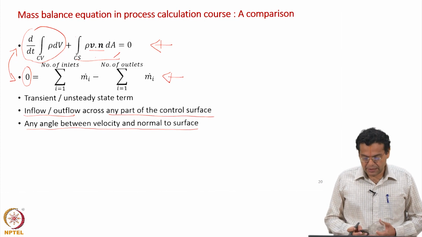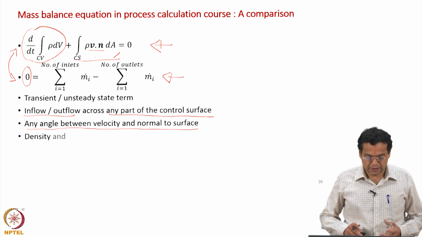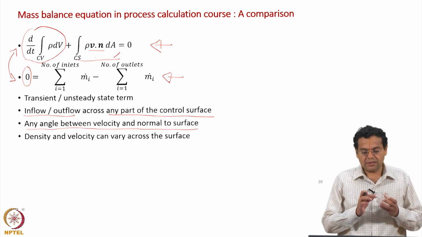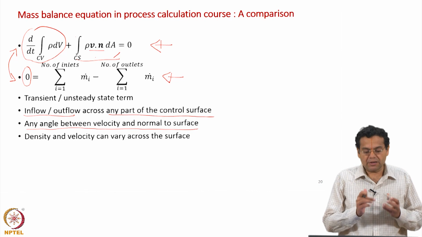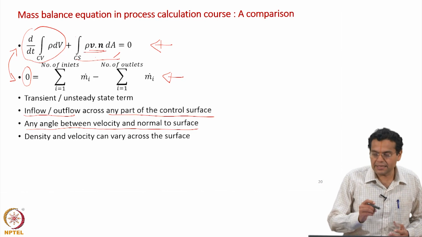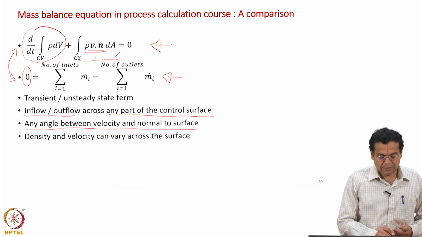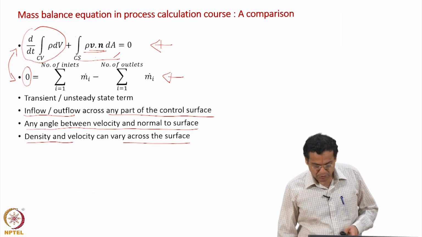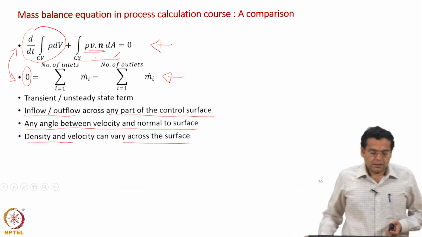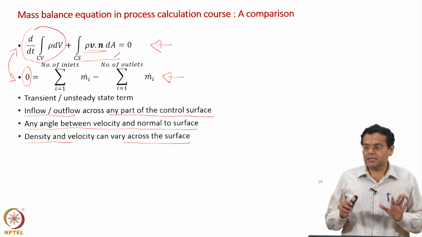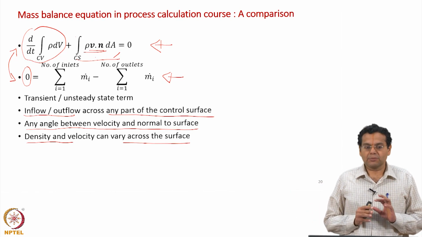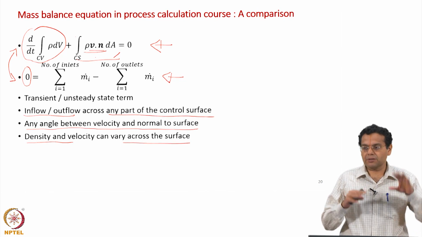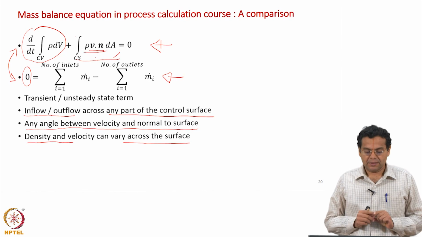And thirdly, we also account for density and velocity variation across the surface. Density and velocity are inside the integral sign because they can vary across the surface. So, to conclude this comparison, the equation you used is nothing but the integral mass balance equation, number 1. That equation has come after several simplifications from the original equation which we derived, number 2.